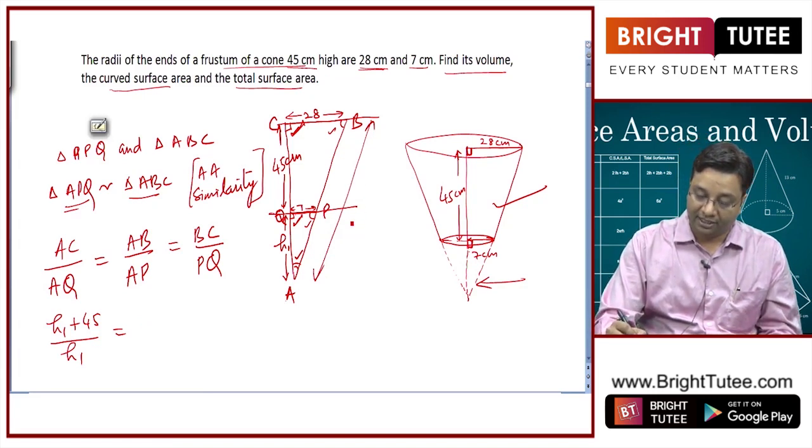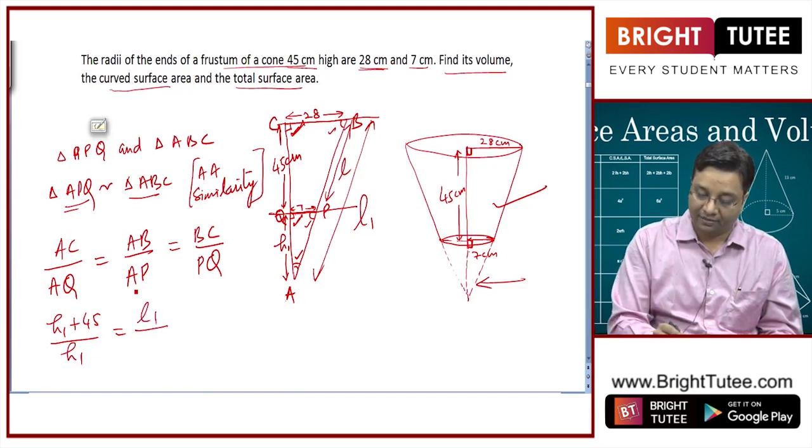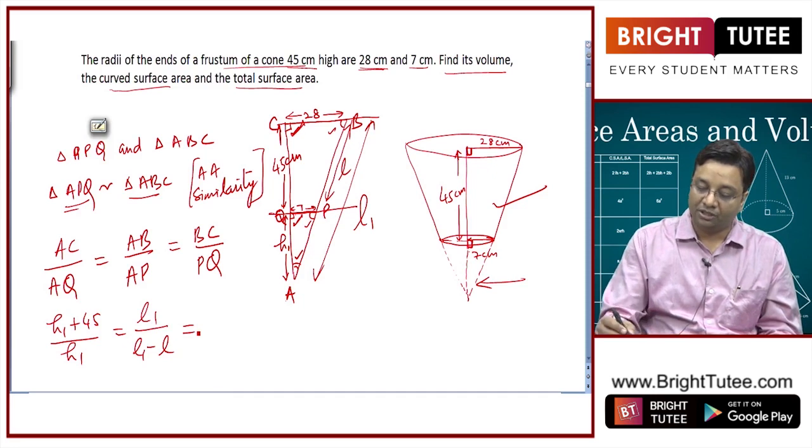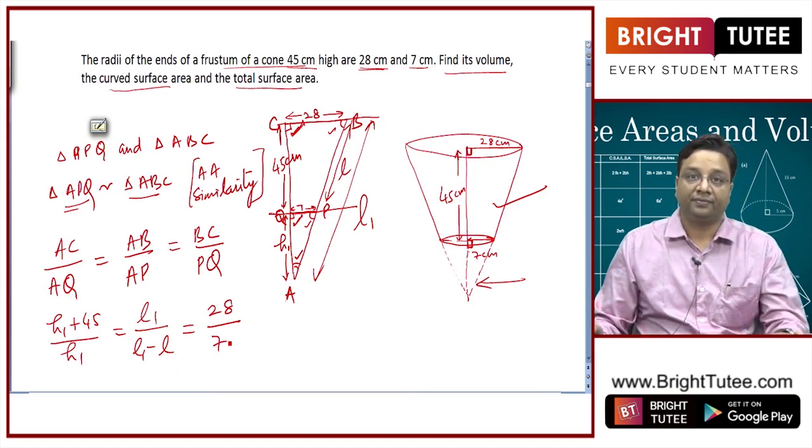Let us name this AB as L1, and let us name this BP as L. So L1 is AB divided by AP, which is L1 minus L. What is BC? BC is 28. What is PQ? PQ is 7.